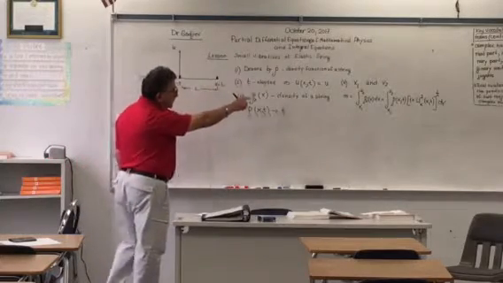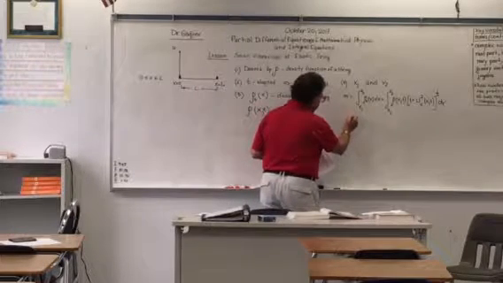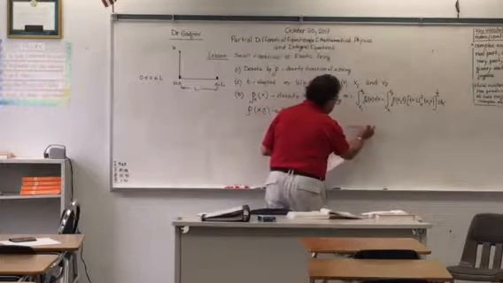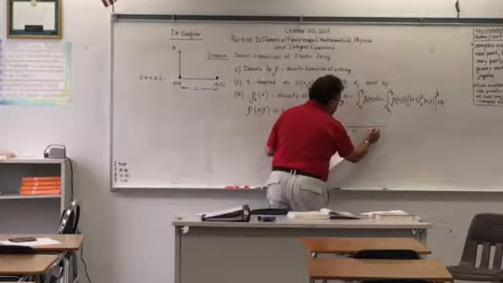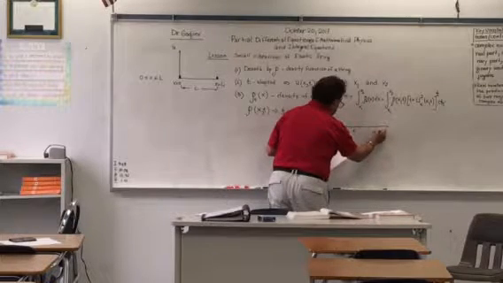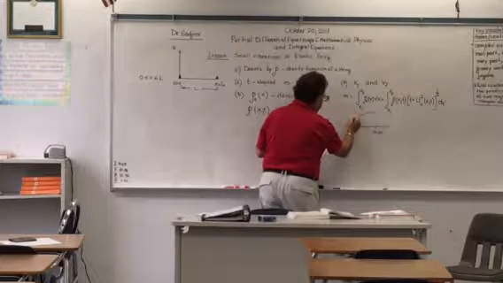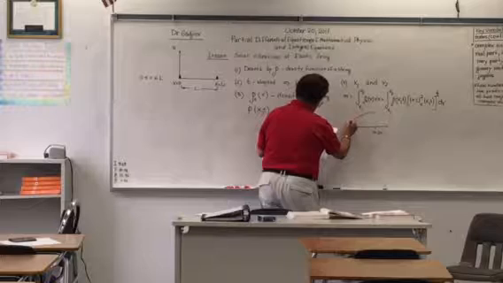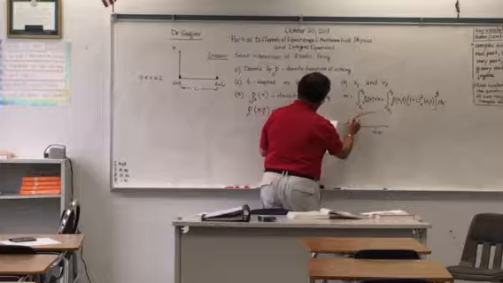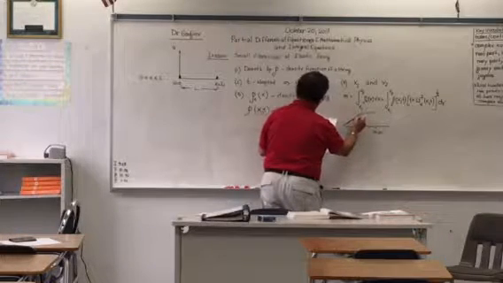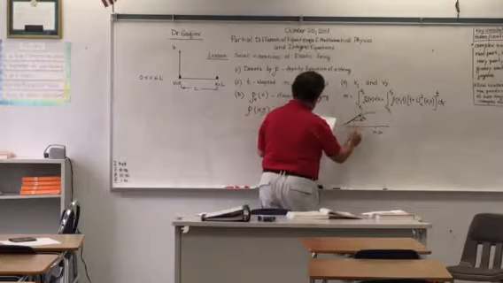I can represent this situation by the following graph. I'm going to sketch this graph. This interval is x. This interval is x plus delta x. This is my string, and here is the tangent line at this point, with angle alpha of x.